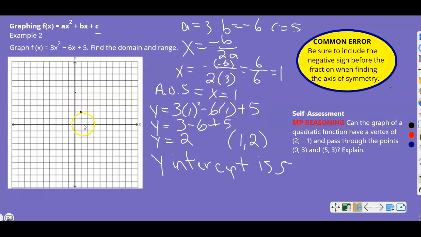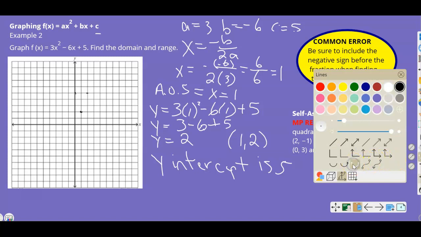And we know that the axis of symmetry cuts this parabola in half, so we can reflect this point over here. And we know that we have a point at 2, 5 as well, because parabolas, quadratic functions, are symmetric. All right, let's see if we can graph this.